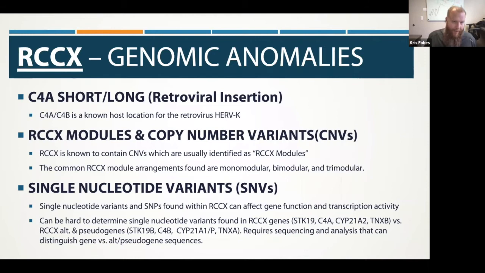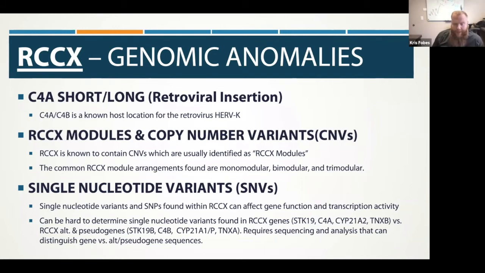The most common RCCX module arrangements that we see are the monomodular, bimodular and trimodular arrangements, which are just duplications of the C4 and the CYP genes in the middle of the modules. And then obviously we also see single nucleotide variants within the module all over the place.